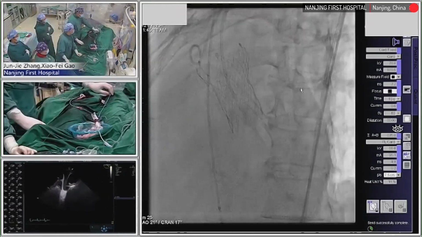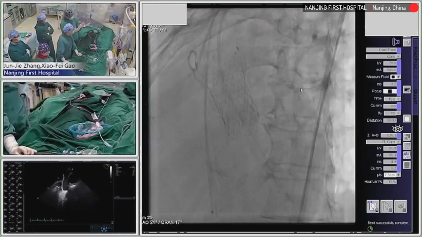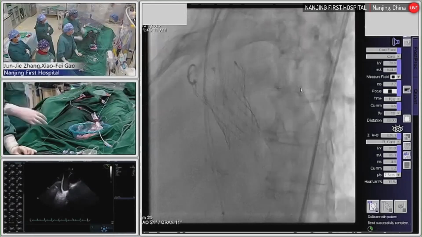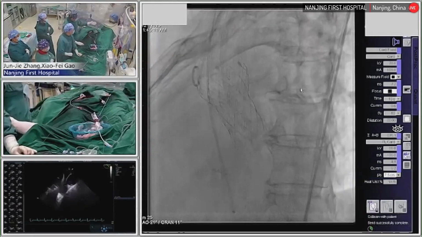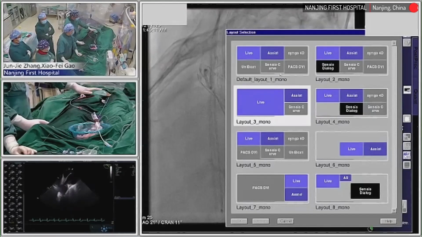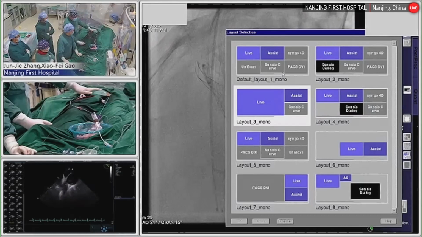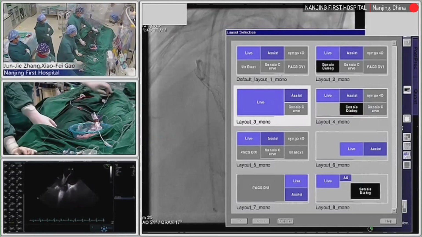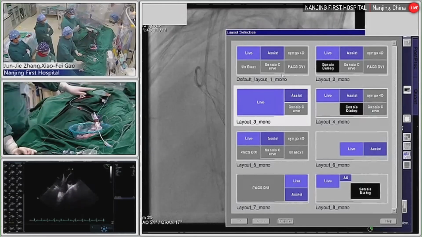You can see from the IO to AIO, actually, it's still an eccentric valve deployment. But considering the echo information, Dr. Zhang Jun introduced the velocity is only 1.4, there is no gradient from the hemodynamics. I will not do the post dilation with a big size balloon, considering the risk of aortic root injury.